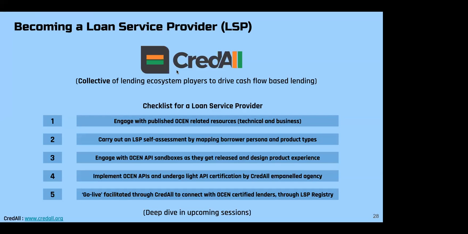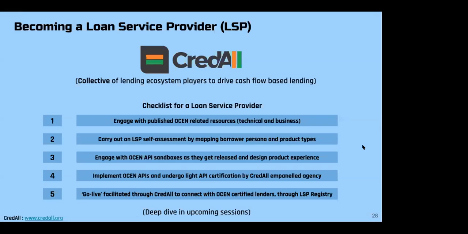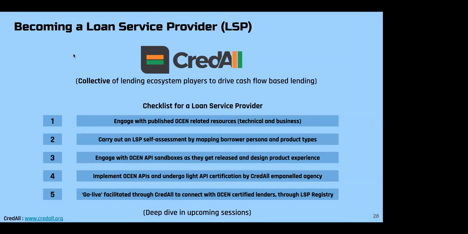Now, we touched upon it briefly last time that CredAll, as a collective of lending ecosystem players, is bringing together the different entities in the cash flow lending value chain: the lenders, the technology service providers who are helping in implementation of the OCEN APIs for the lenders and the LSPs, the underwriting modelers, the loan service providers, and account aggregators, all together in the same room, so to speak, so that they can intermingle and look at the different collaborations they can undertake to bring out new products for their customers.